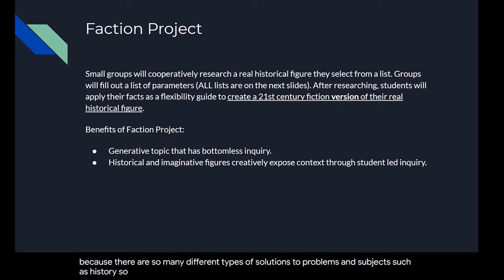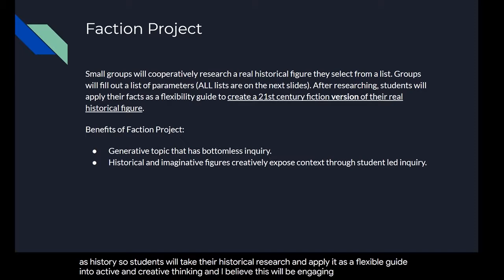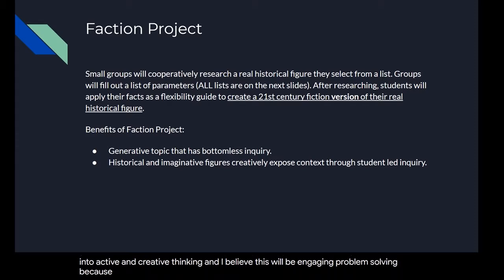So students will take their historical research and apply it as a flexible guide into active and creative thinking. And I believe this will be engaging problem solving because students will be researching these figures who have social activists significance to them.